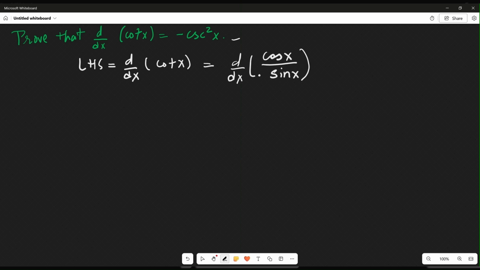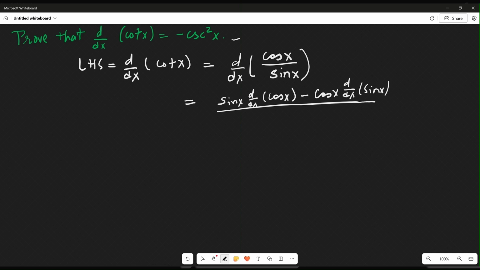And we are going to apply the quotient rule here, which is simply b times the derivative of a, minus a times the derivative of b, divided by b square. Here b is sin x and a is cosine x, so the denominator is sin square x.